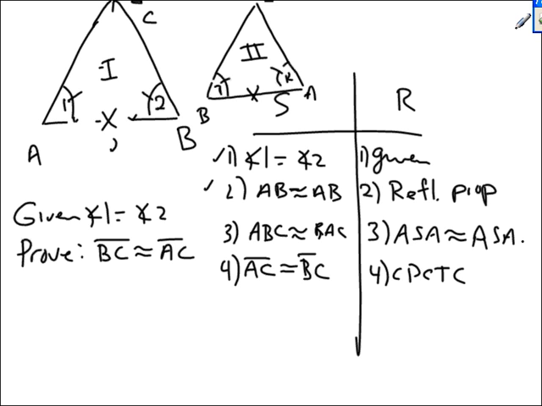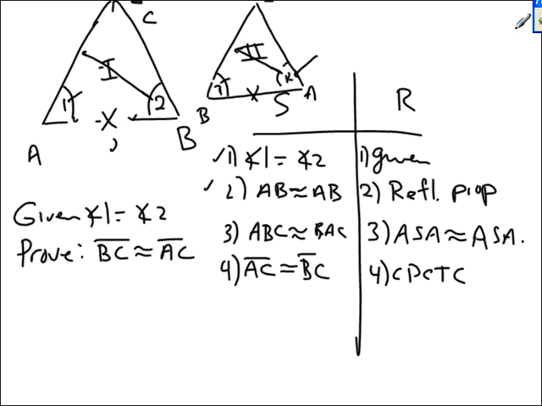Now, why are they? Well, for example, opposite 2 is AC, and we know that 1 and 2 are equal, so that's the same as angle 2, so opposite 2 is BC.